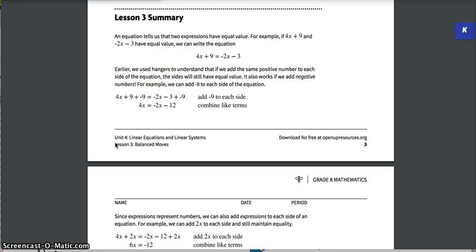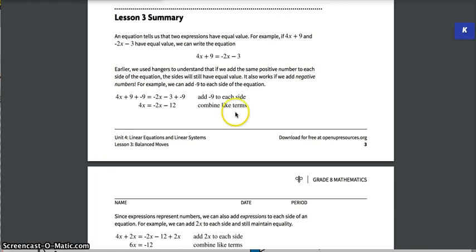And you may have figured that out and been one step ahead of the curriculum here. But basically, anytime we had one of those hangers, we were dealing with an equation. And so if you remember from our hangers, we had to make the same change to both sides of the hanger in order to keep them balanced.